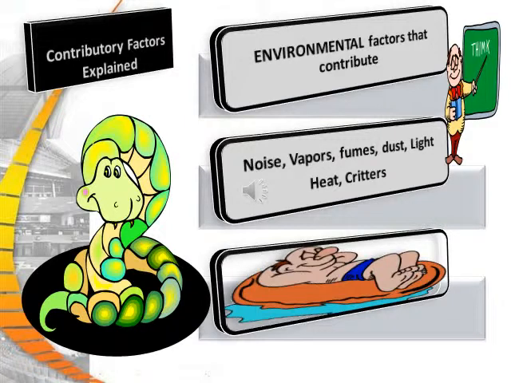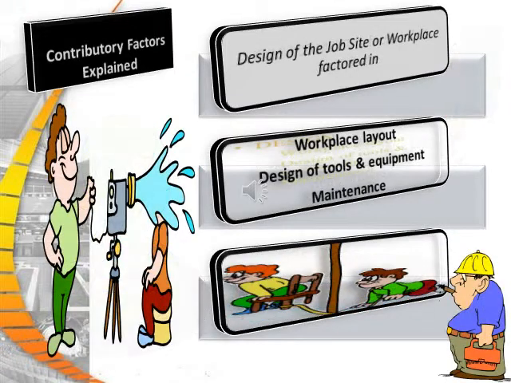Environmental factors would be noise, vapors, fumes, dust, light, heat, and critters or insects. Design of the job site or workplace should be factored in: the workplace layout, the design of the tools and the equipment. The maintenance schedule should be looked at.